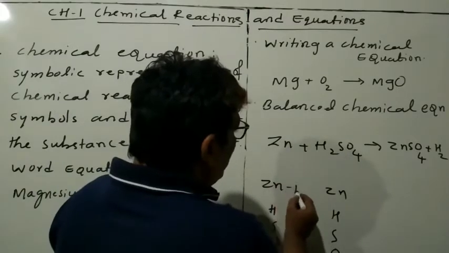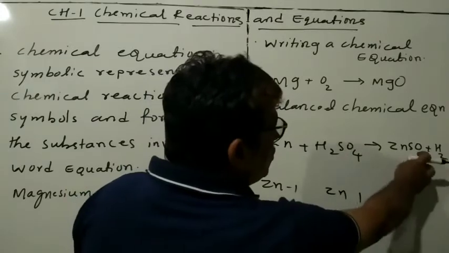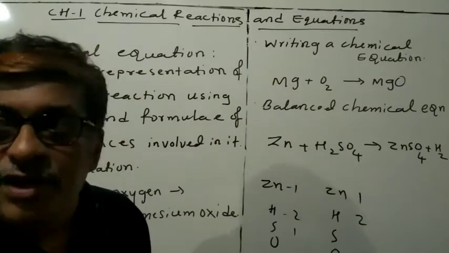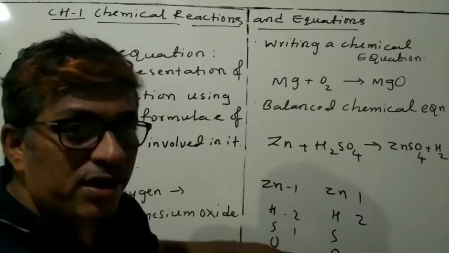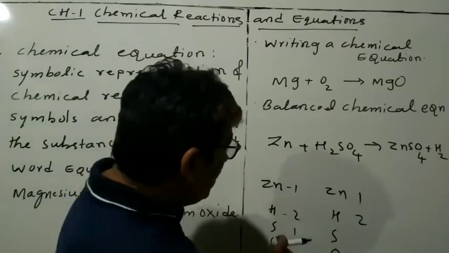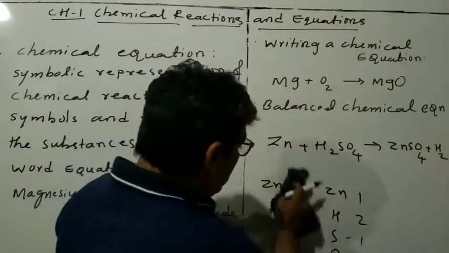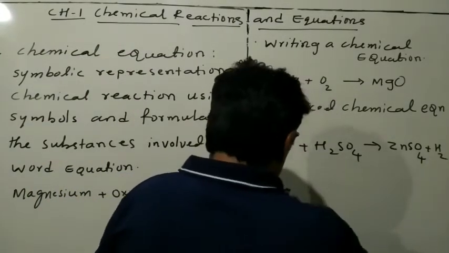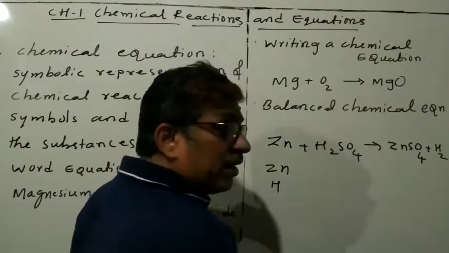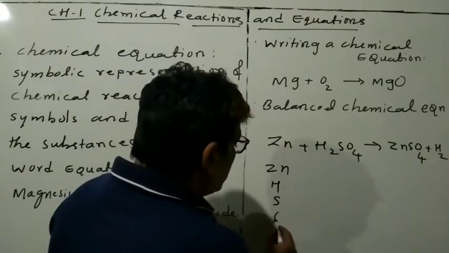So here you see zinc is 1, and here zinc is 1. Hydrogen is 2, and here also hydrogen is 2. Sulfur is 1, and here also sulfur is 1. Let me show you like this. Listen now: what elements will be there? Zinc, hydrogen, then sulfur, and then oxygen.